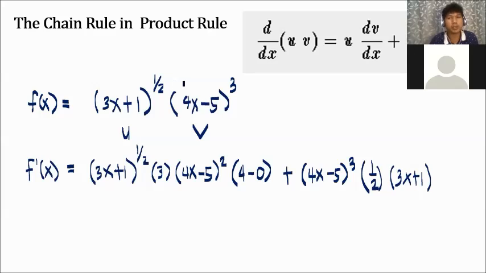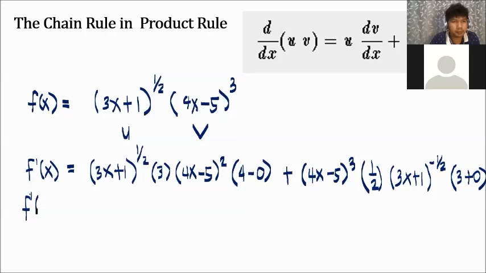So 1 half minus 1, that is negative 1 half. And then the derivative of this one, 3x plus 1, is 3 plus 0. It's okay with me that you don't write the 0 at all, but for the sake of discussion, I'm writing it.